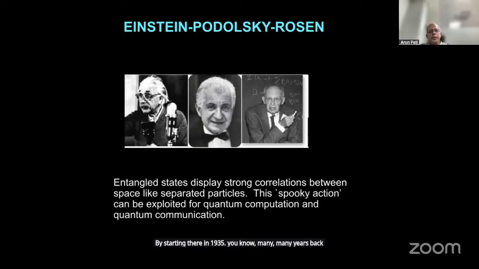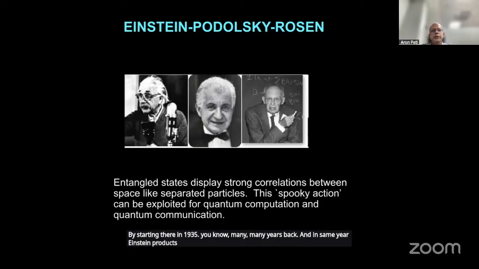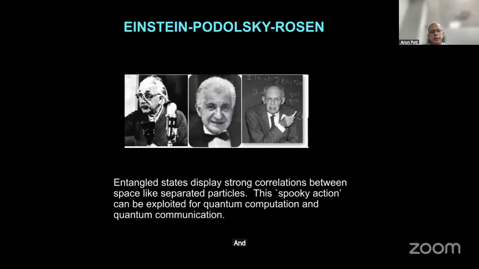And in the same year, Einstein and Podolsky-Rosen tried to use these entangled states, and they realized that this kind of state displays strong correlation between space-like separated particles, and displays some kind of spooky action. And now we are using this spooky action for quantum computation and quantum communication.